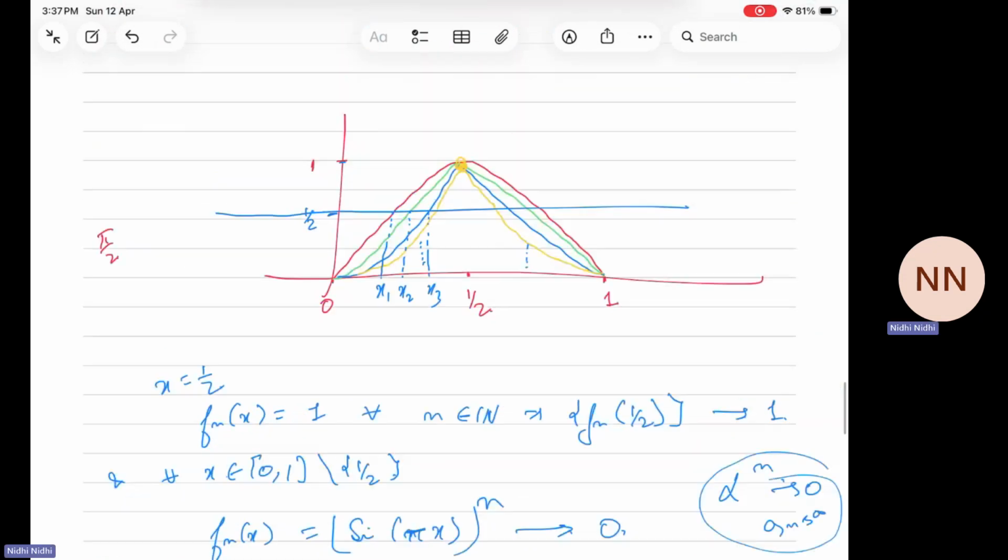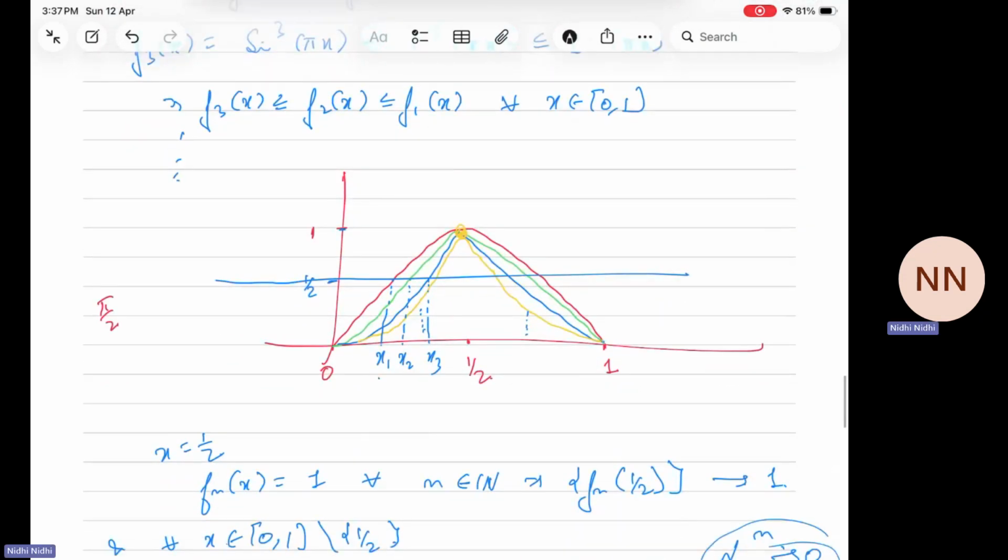If Fn at xn is equal to 1 by 2, then Fn plus 1 at xn will obviously be less than Fn at xn.